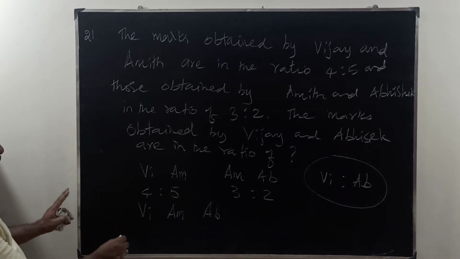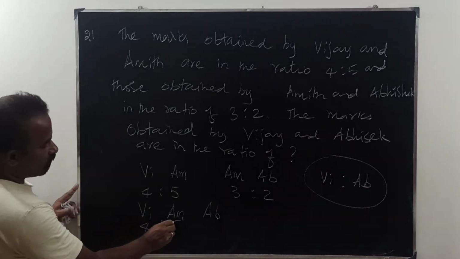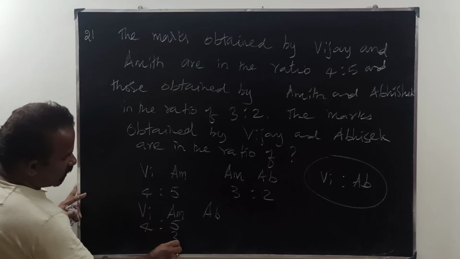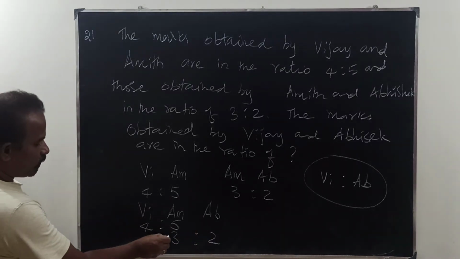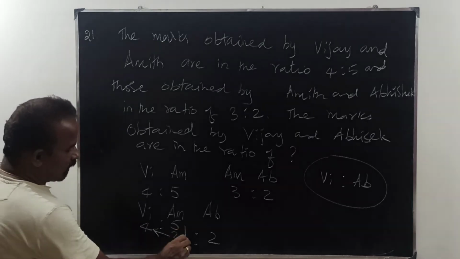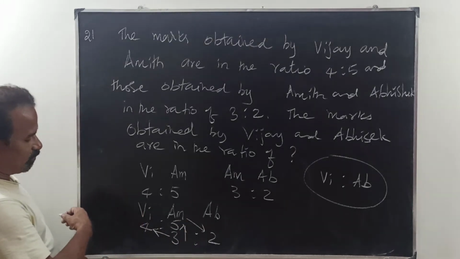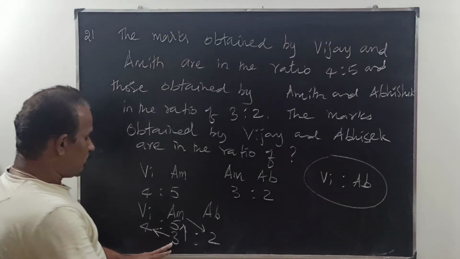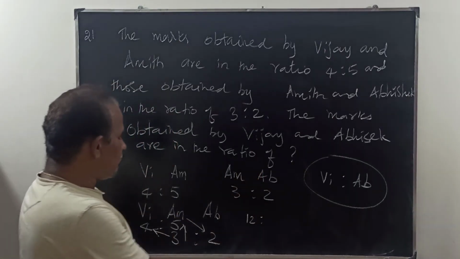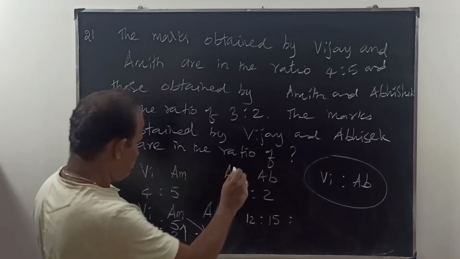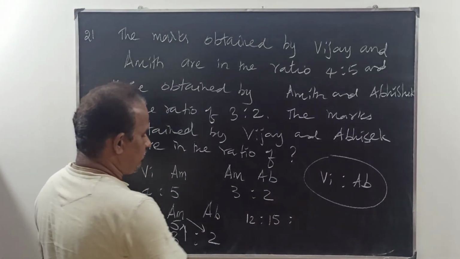Already we have done this. This is 4:5. This is 3:2. We know that we have to multiply: 3 into 4, and again multiply. So 12 is to 15 is to 10.